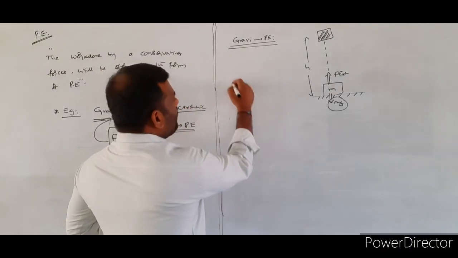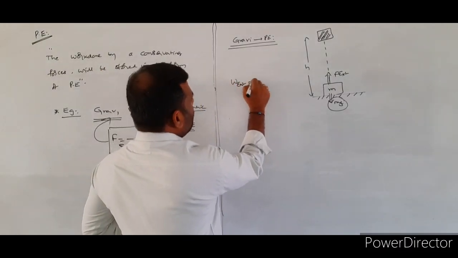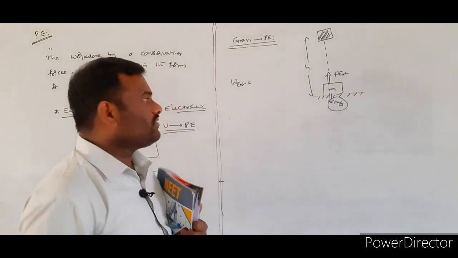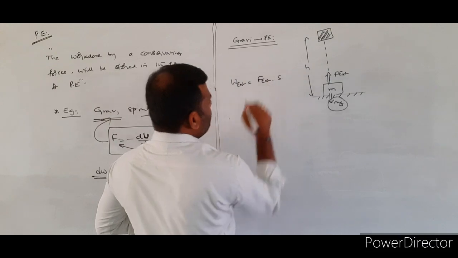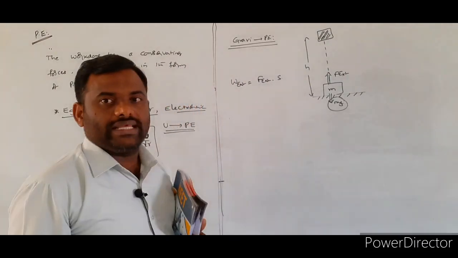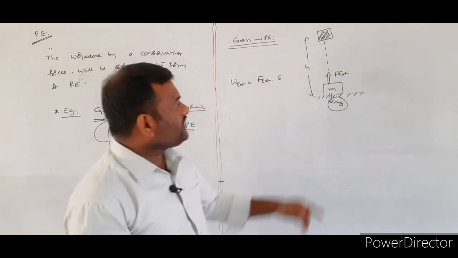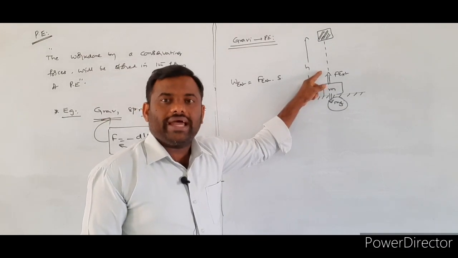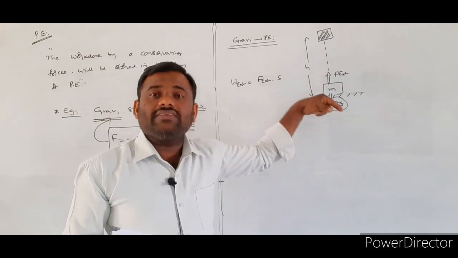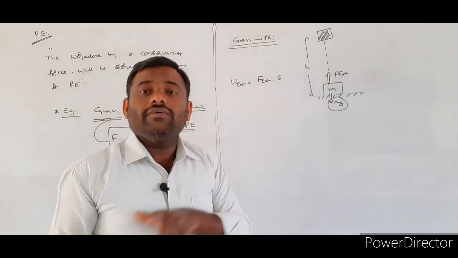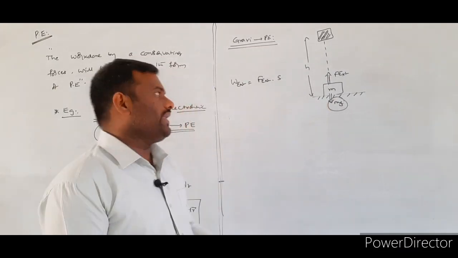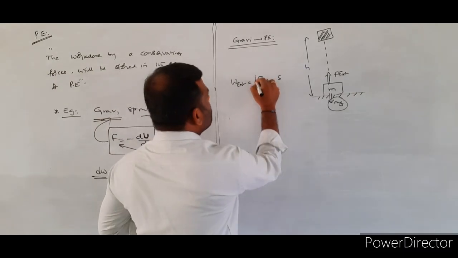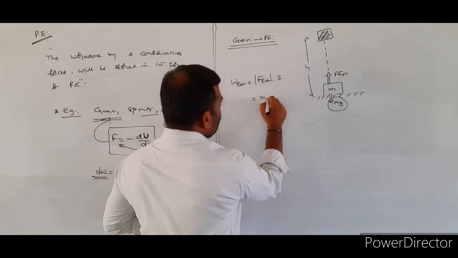So the work done by the external force is equal to F external into displacement. Here the magnitude of the external force applied over the body will be equivalent to the weight of the body, so the external force is equal to mg.